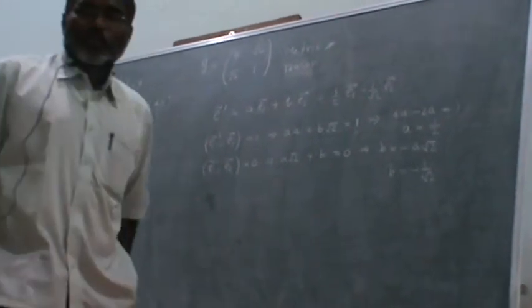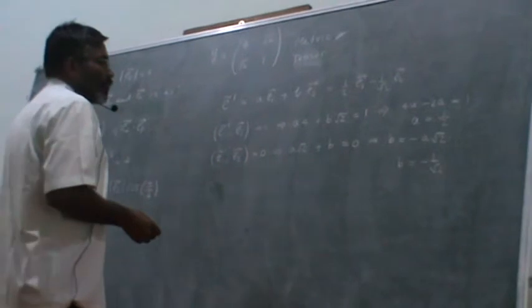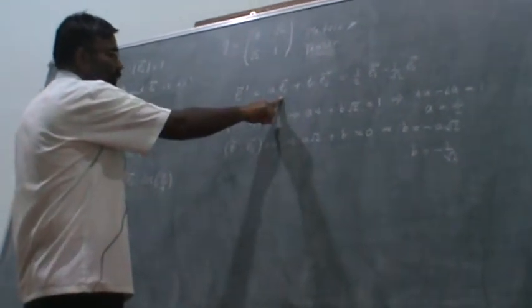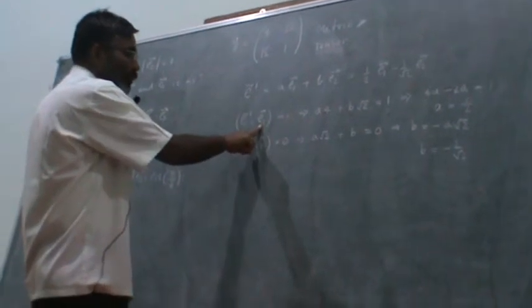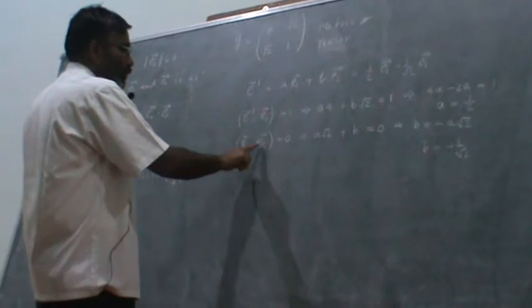Similarly, you can get the result in terms of E2 tilde also. So E2 tilde can also be written in this way. E2 tilde comma E1 will be 0 and E2 tilde comma E2 is 1.